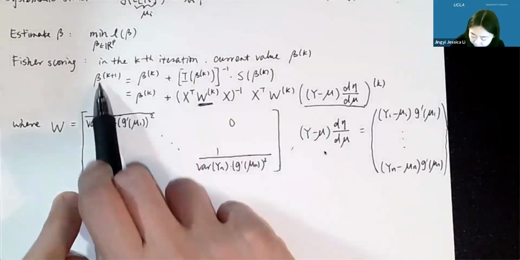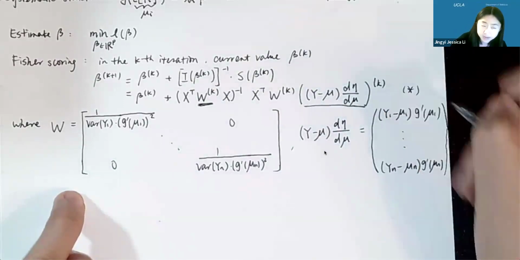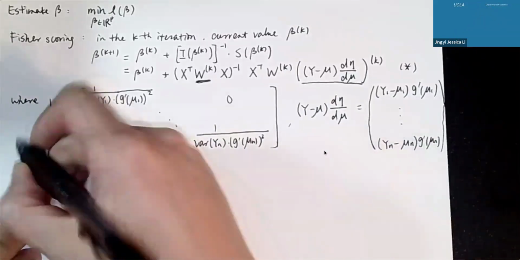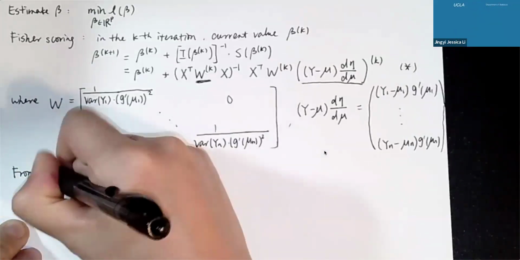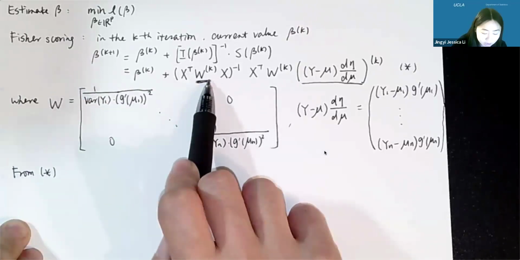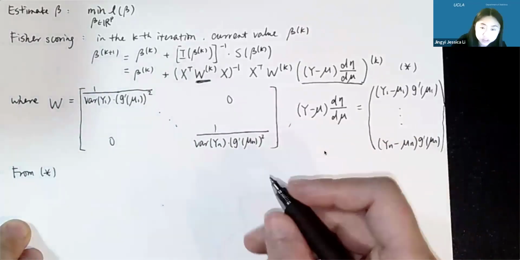So what can happen from this line? We have the Fisher scoring update as this. If I mark it as star, then from star we can multiply X transpose W_k X on both sides, and you can see something interesting would happen.